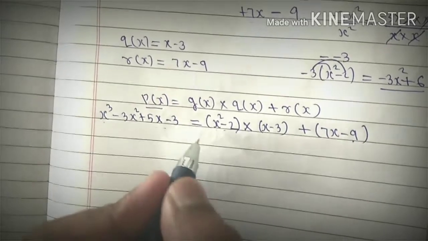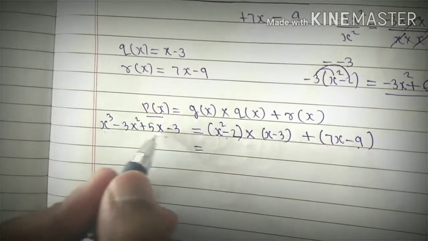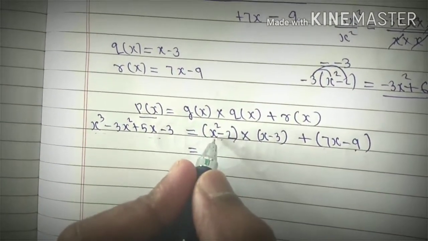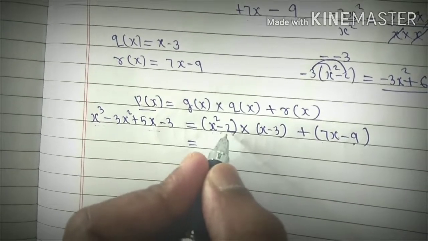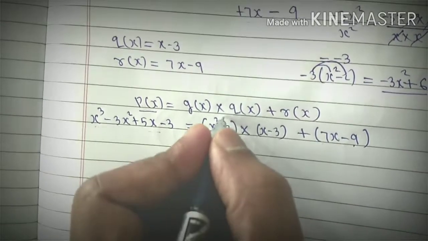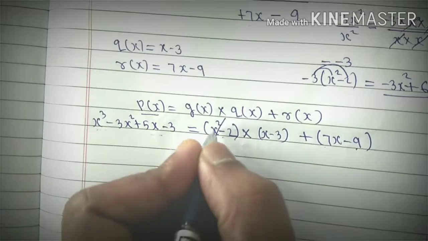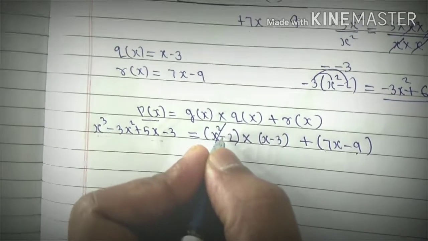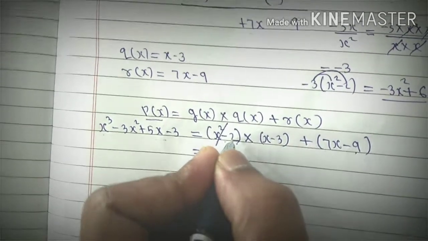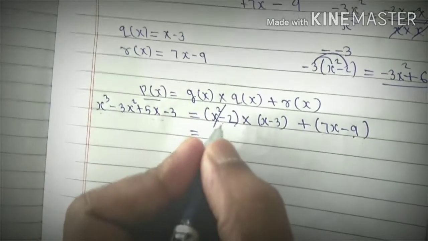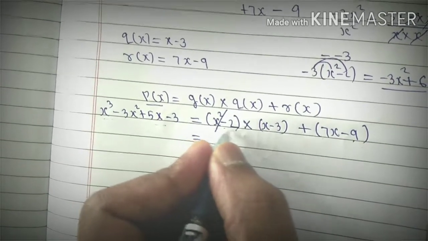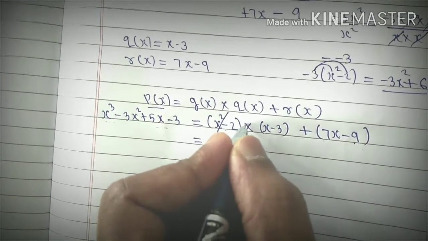So now we will keep this left hand side as it is. Now we will split this first bracket in such a way that x square will be the first term, and the minus sign should be given to the second term. Now multiply, as we can see in this problem there is a multiplication sign.